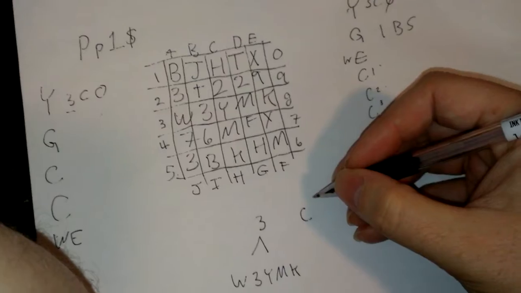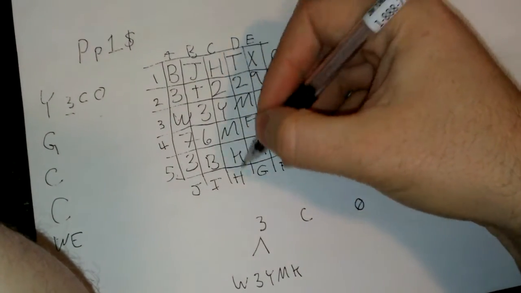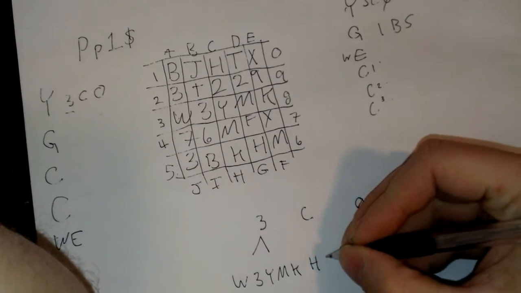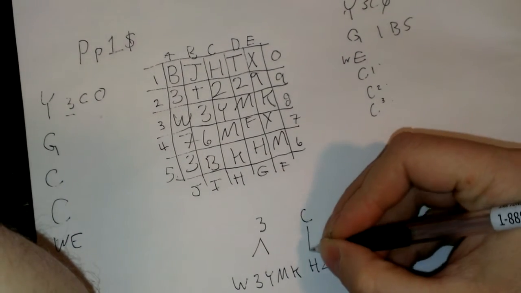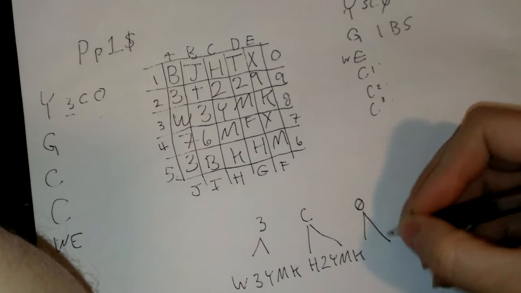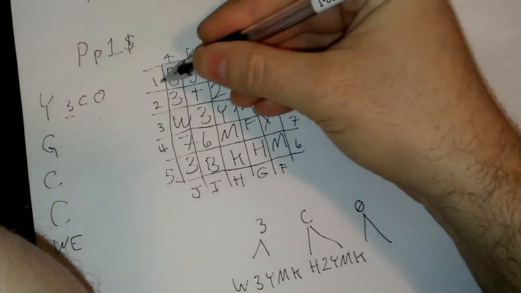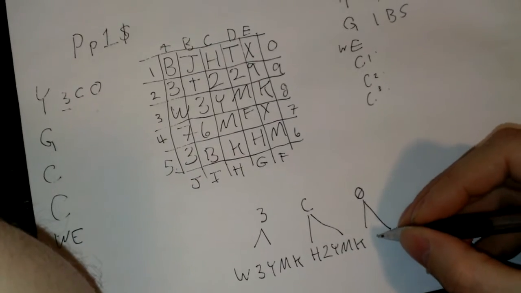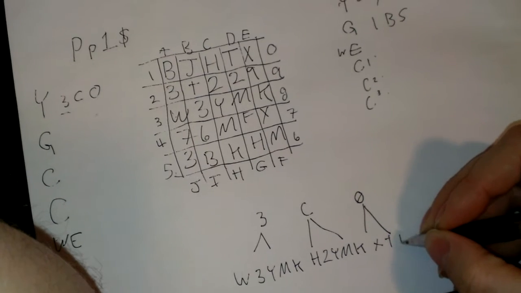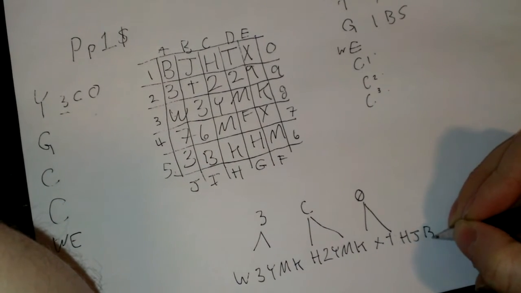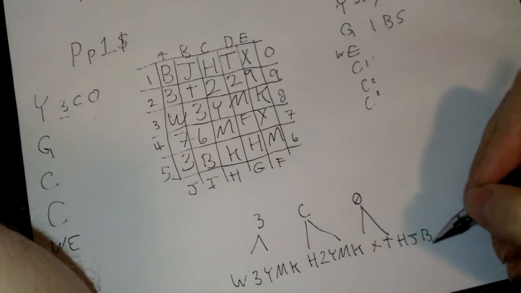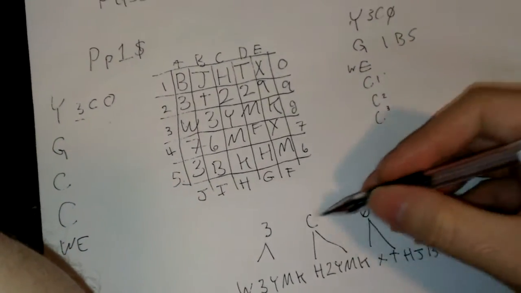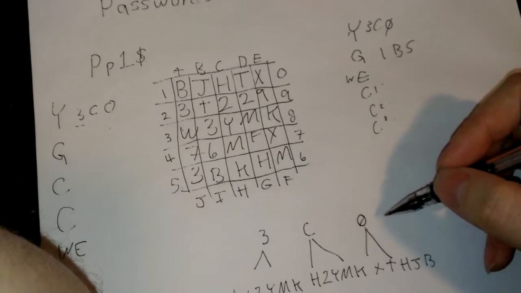The C would be right here, so this will be H2YMK. And then the 0 would represent this way, so it's XTHJB. That way you have a 15-digit password, represented by 3 numbers that nobody can decipher.